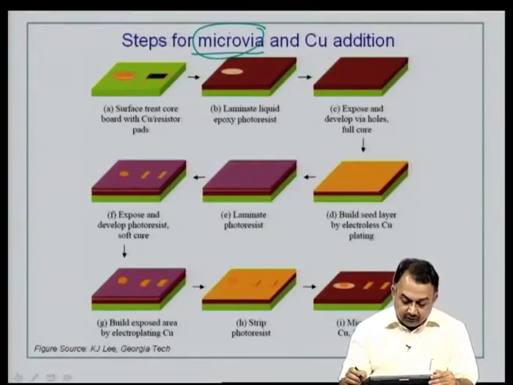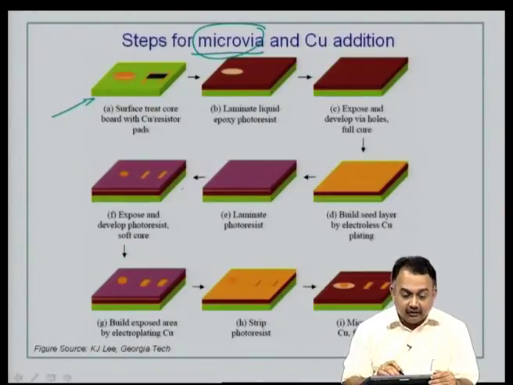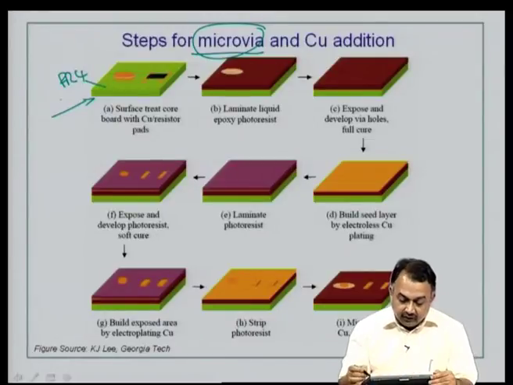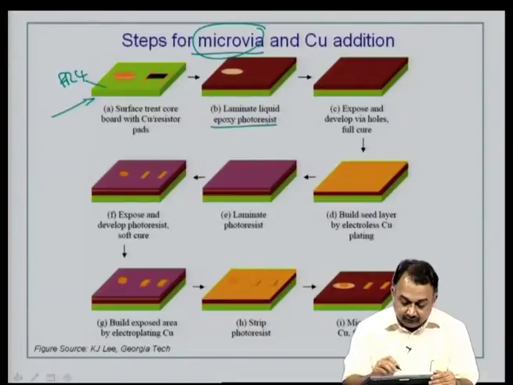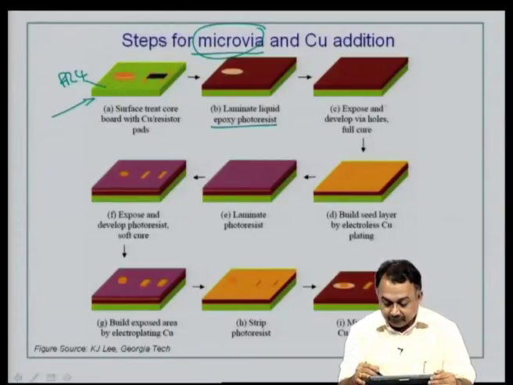You can see here that this slide shows a capacitor material and a resistor material that has been formed on an FR4 substrate. Then apply liquid epoxy photoresist, and expose and develop the via holes and fully cure it.